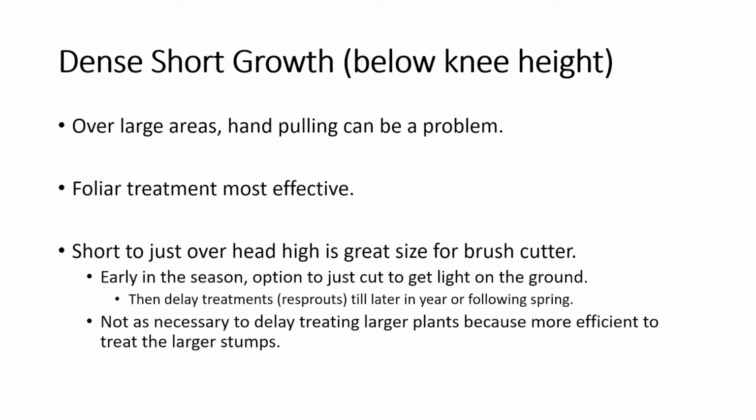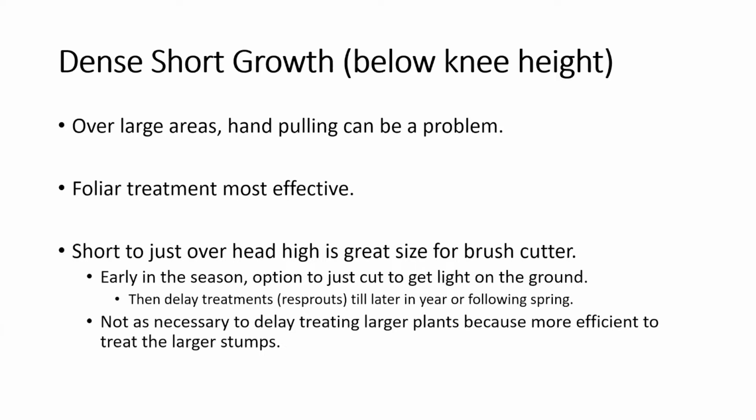Dense short growth. So short plants, again, that there's a lot of them over the landscape. This becomes less effective for hand pulling because there are so many plants, it's so much work, and you're really prone to injury. And when you're working with this many plants, maybe on a site that's even a fraction of an acre, but for a lot of us, we're working on properties that are over an acre, or multiple acres, many acres.